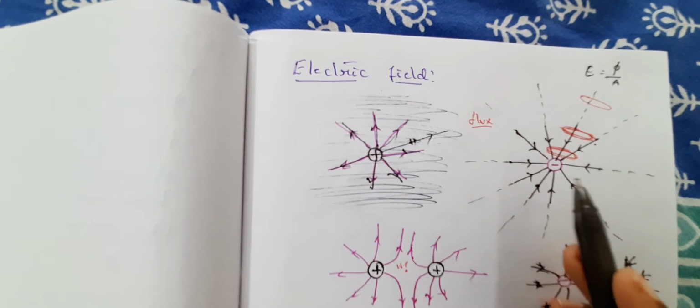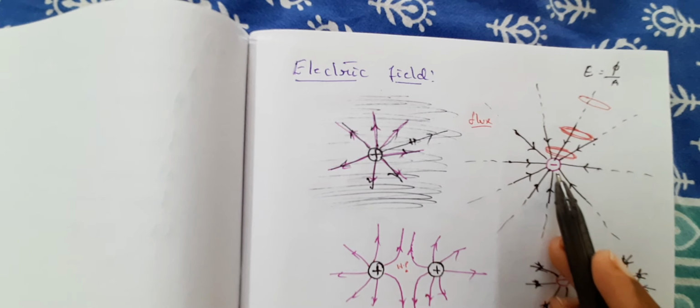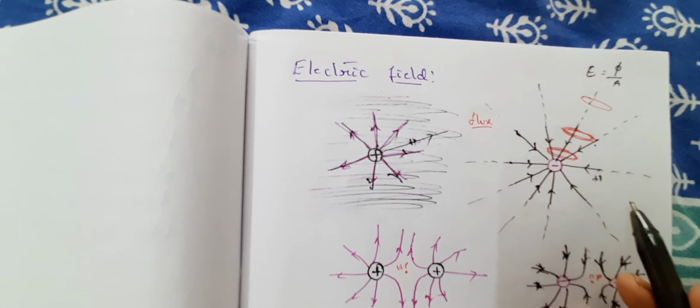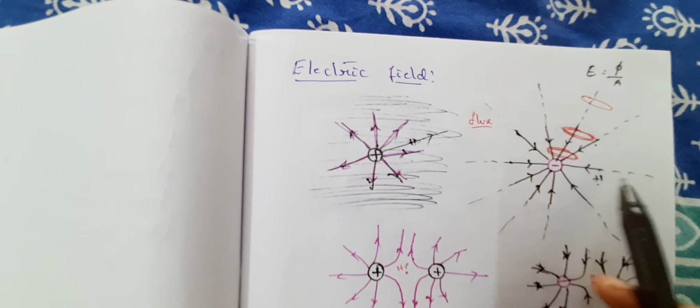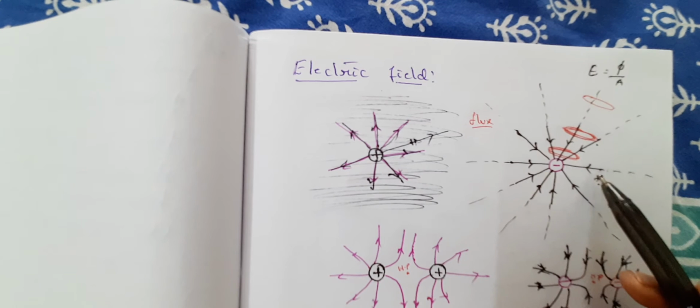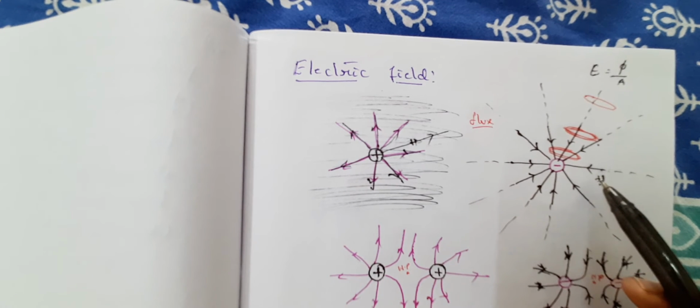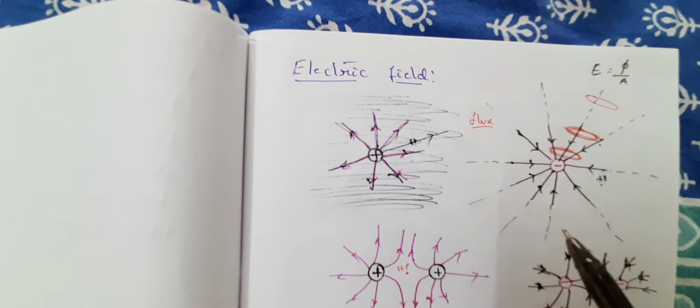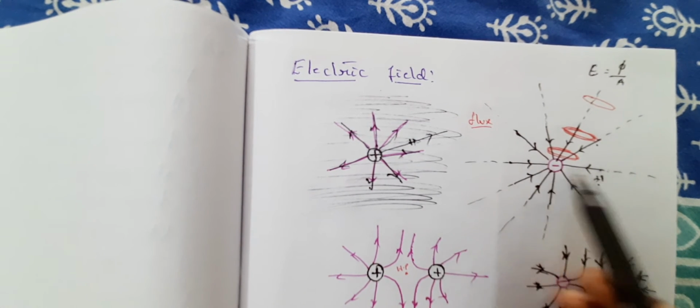Now when you come to a negative charge, if you leave a unit positive charge here which is free to move, and we don't discuss any other kinds of forces, only the electrical force due to this charge, then it is pulled towards the charge like this.